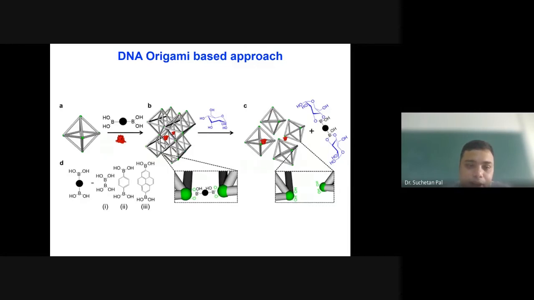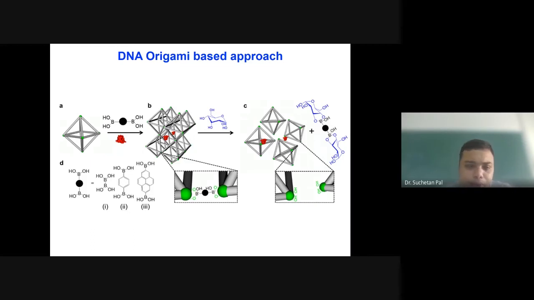So this is a DNA origami, and then we are trying to cross-link this DNA origami and encapsulate this insulin inside the DNA origami three-dimensional network. So this is your hydrogel network, and when it sees the glucose, this will react. This will open up and react with this glucose, and then this insulin will be released.